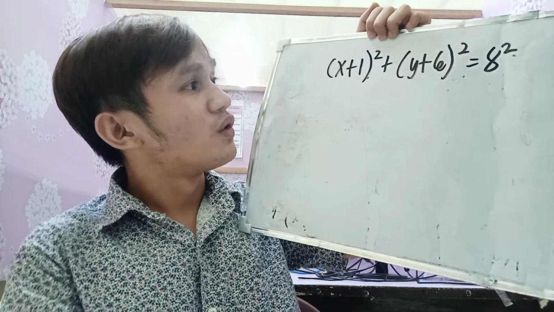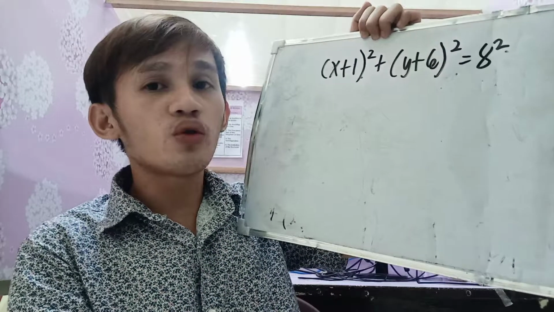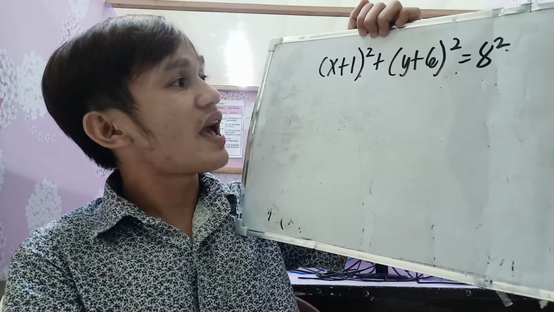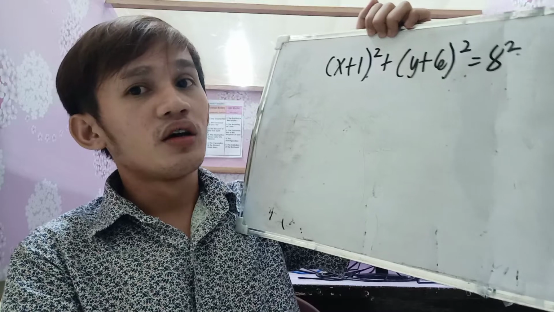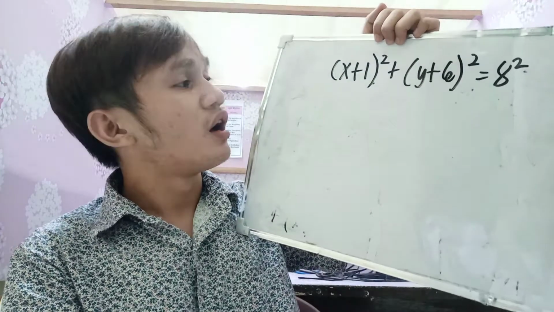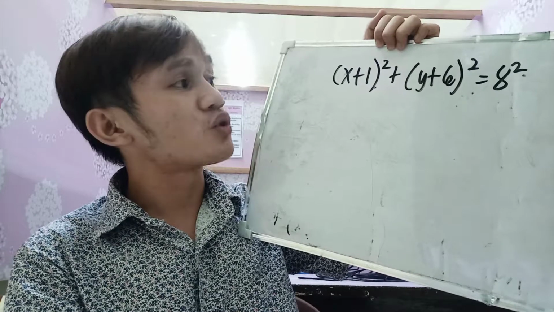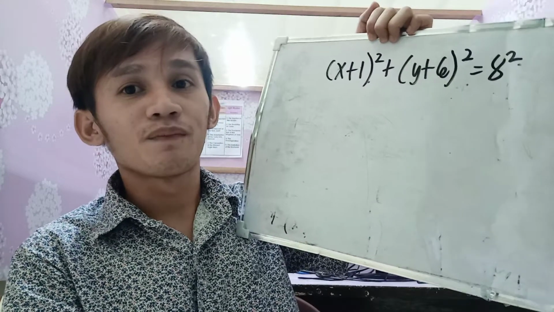Okay? So in this case, you're going to do the first term, (x + 1)². This also means you are multiplying x + 1 by itself twice.